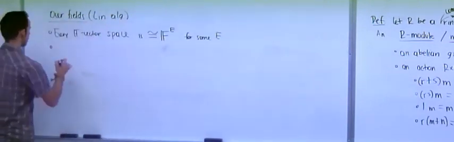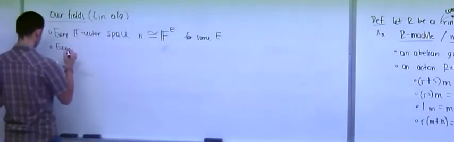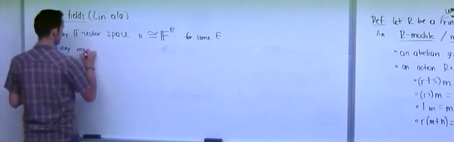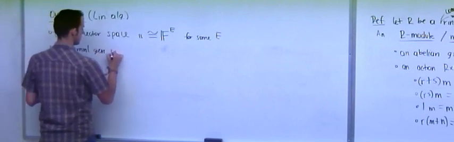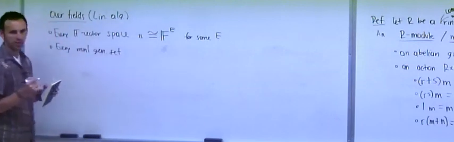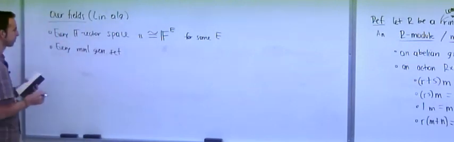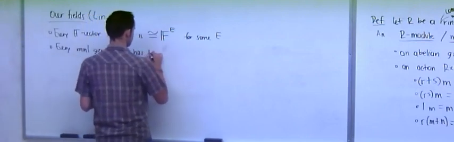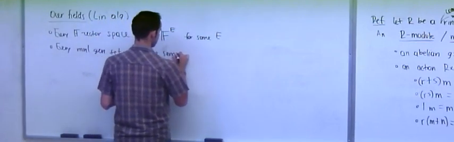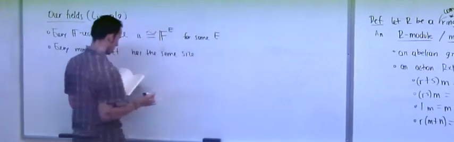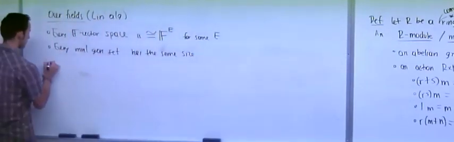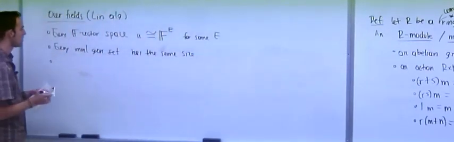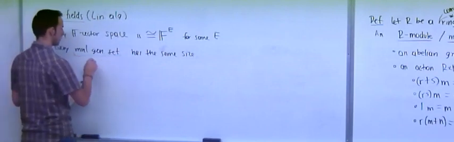Okay. What else? Every minimal generating set has the same cardinality, and it's the dimension, right? Furthermore, so that we have a name for this, this is called a basis.